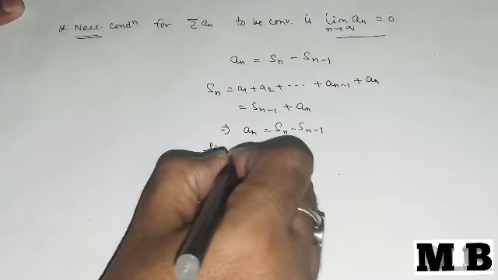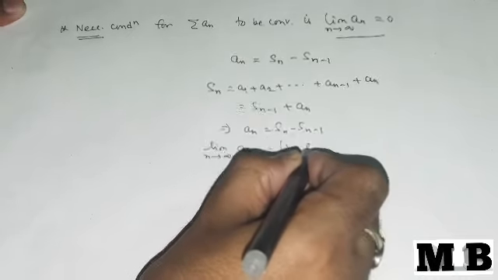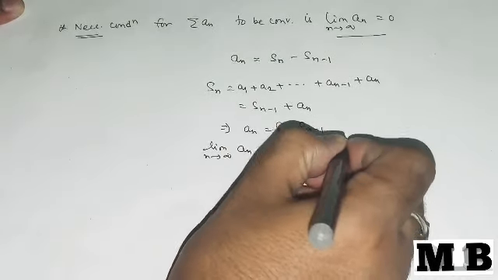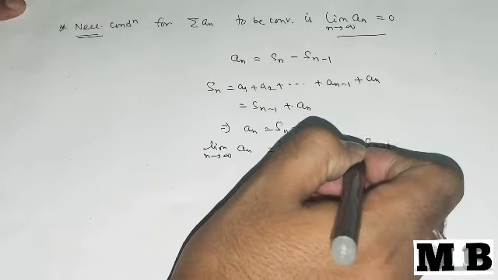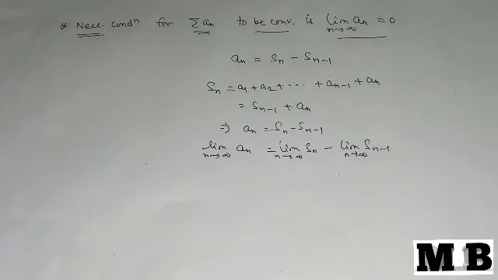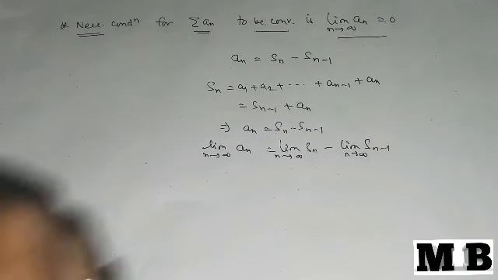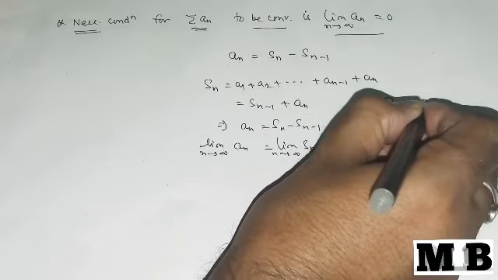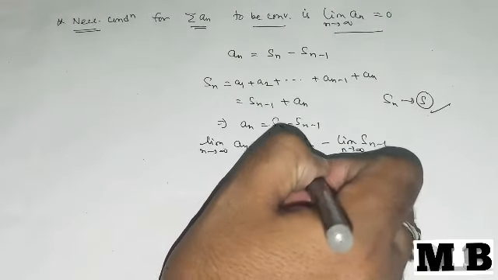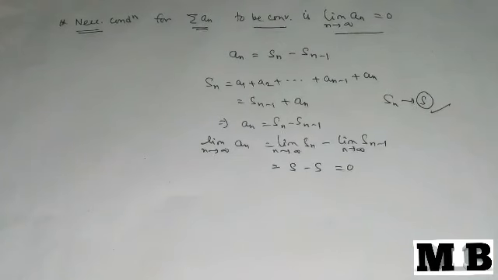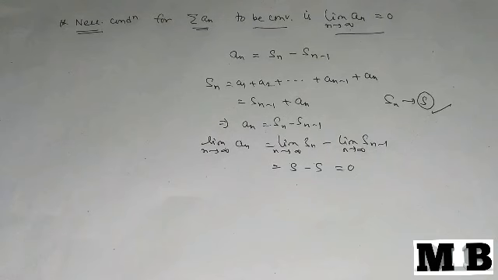As n tends to infinity, you have the limit of Sn minus the limit of Sn minus 1. This series is convergent, so it will have a finite sum, say s. So Sn tends to s, and as n tends to infinity you have s minus s, which equals 0. This is more or less the idea behind the proof of this necessary part.